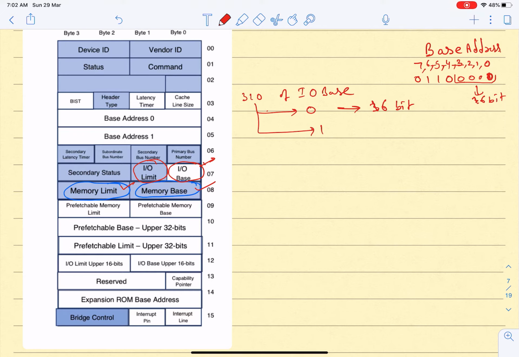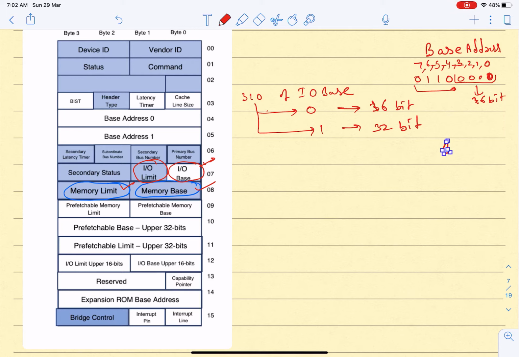If it is 1, then it is 32-bit. Okay, so now if it is 0, it means it is 16 bits, and here 7 down to 4 will make the value 6.